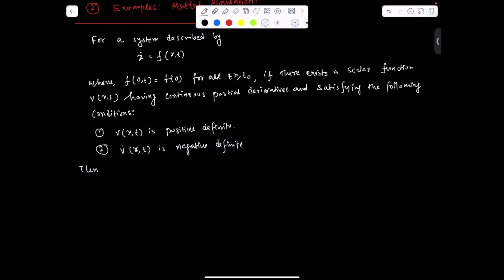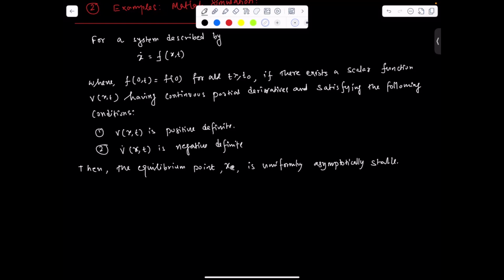Then the equilibrium point, let's say xe, is uniformly asymptotically stable.